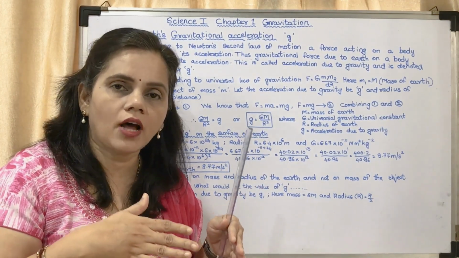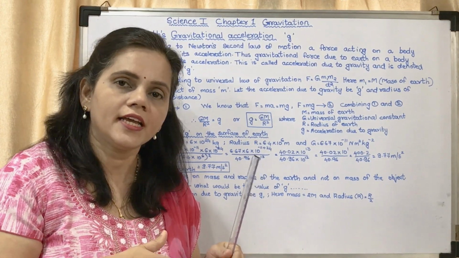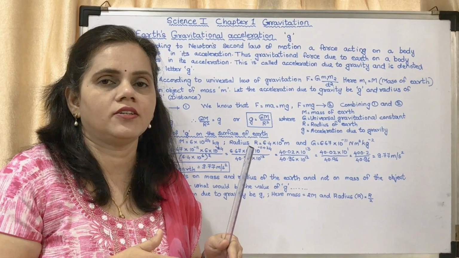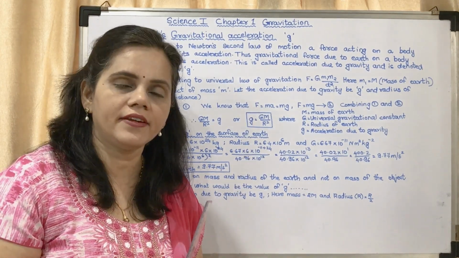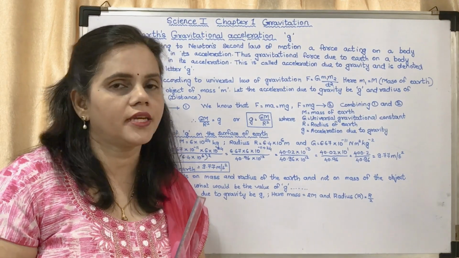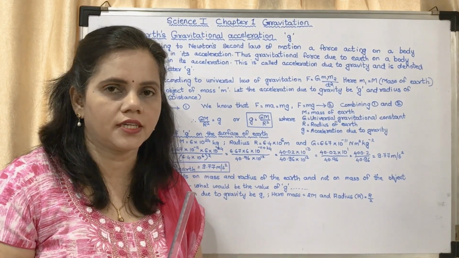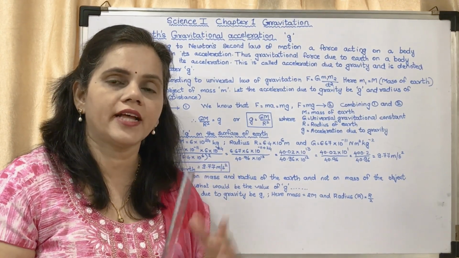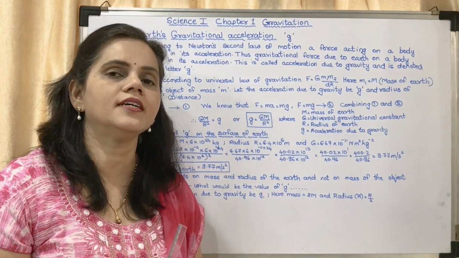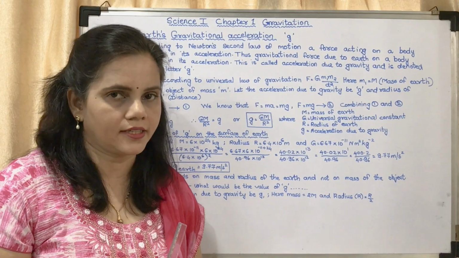Similarly, this effect is experienced by every object which is falling. Whenever an object falls, it falls on the surface of the earth. What is the direction of that force of attraction? That force of attraction is directed towards the center of the earth.